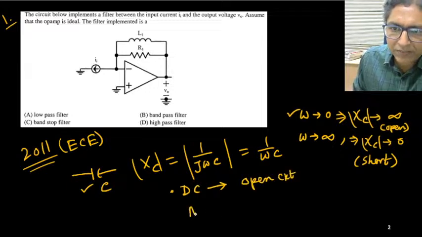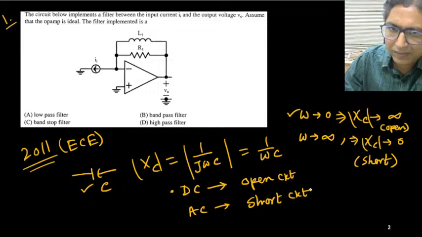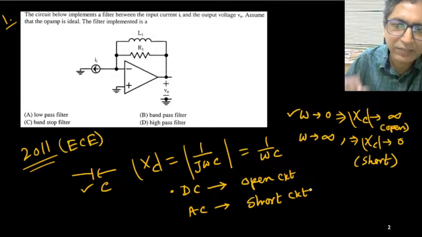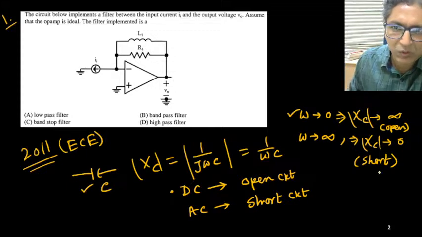And for AC, this will behave as short circuit. So this is a very simple concept that we understand, but it is most useful to identify filter types. So how to use these things? So this is for capacitor.